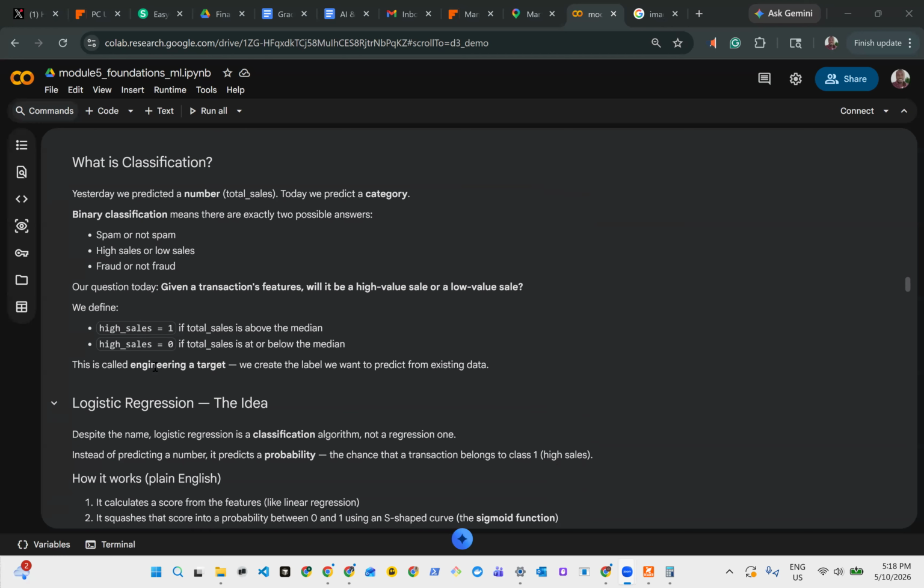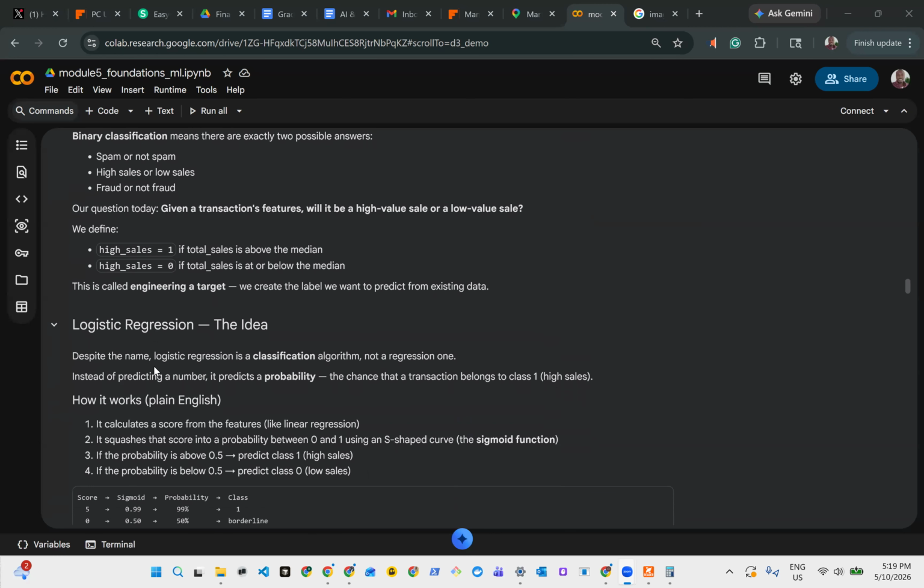So instead of predicting a number as we did in linear regression, for logistic regression we predict the probability of a particular class, the chance that a transaction belongs to a class, or the chance that a class is going to be fraudulent, or the chance that a particular email that has been sent to us is going to be spam or not.